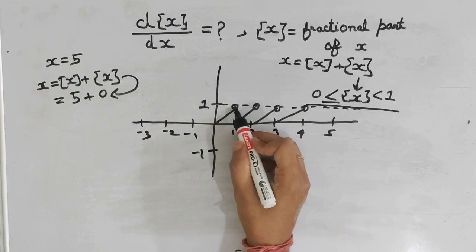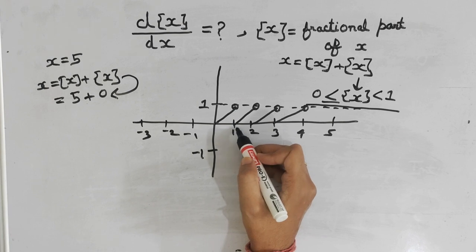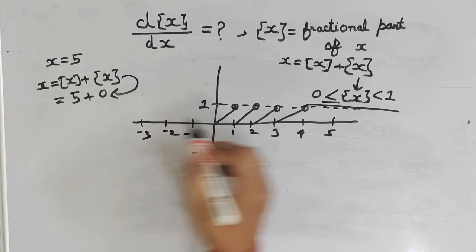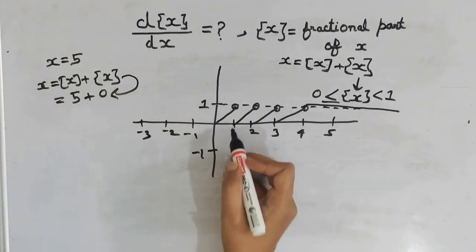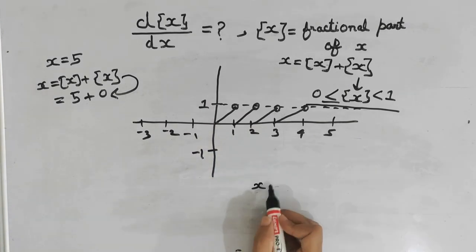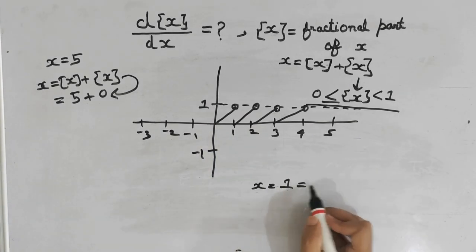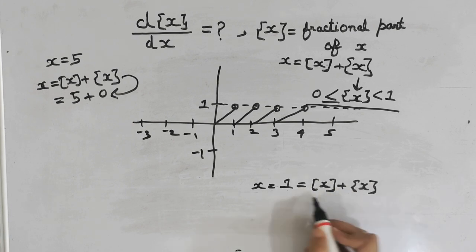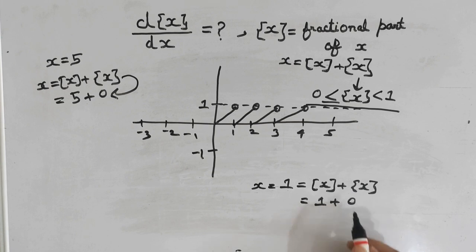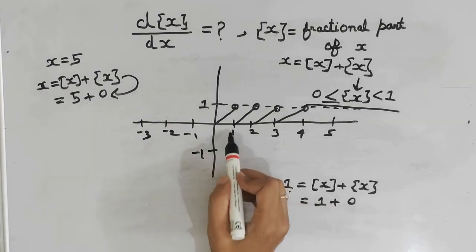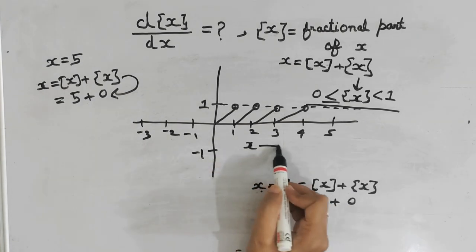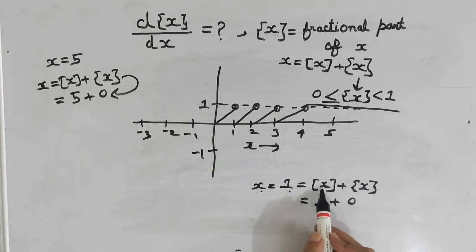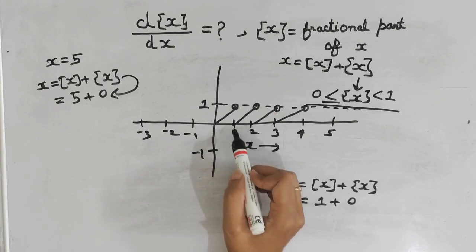This is a sign that at x equal to 1, the value of the fractional part of x would be, so when x equal to 1, suppose x is equal to 1, then 1 equals the greatest integer 1 plus the fractional part of x, 1 plus 0. So when x equal to 1, this is the x-axis, the greatest integer function is 1 and the fractional part is 0.